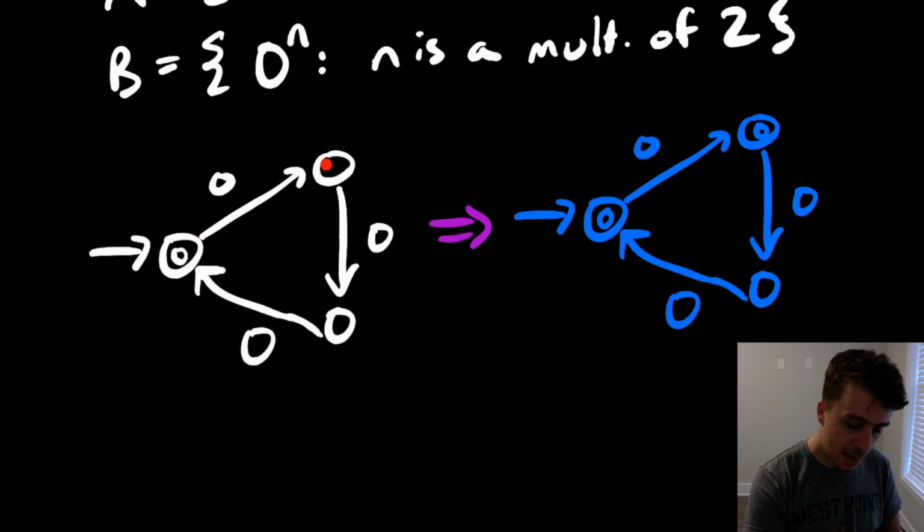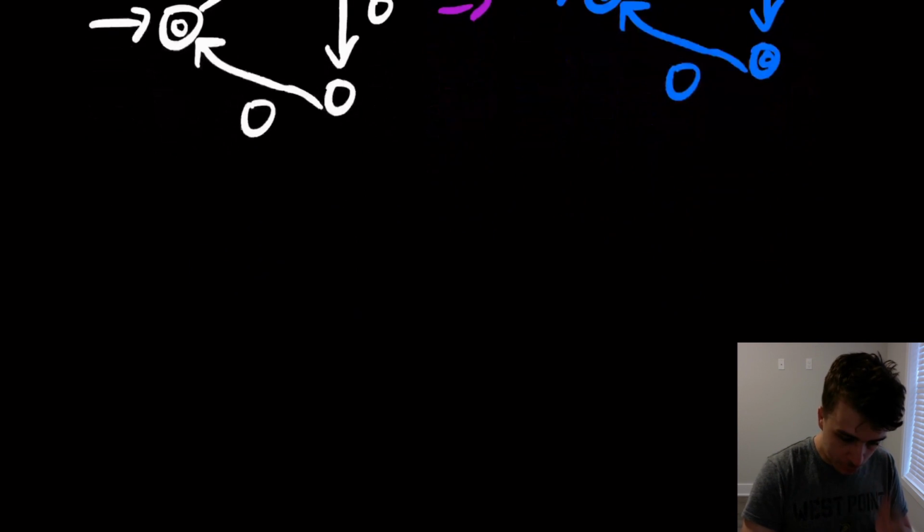If I add 3 onto this, I need to read a string of length 4, and that's possible. If I read a string of length 4, I will land in one of the final states here. So in fact, all 3 states are going to be final here. Okay? So let's do another example.